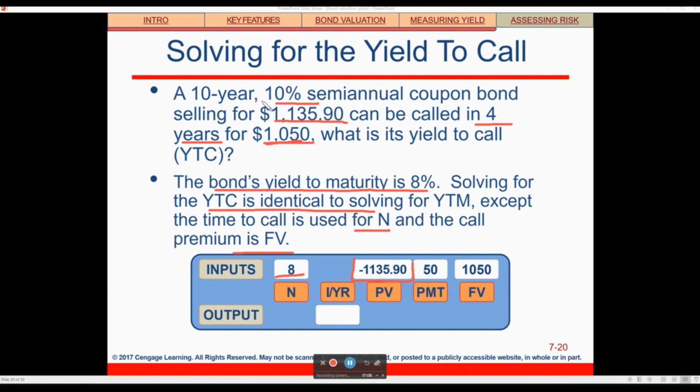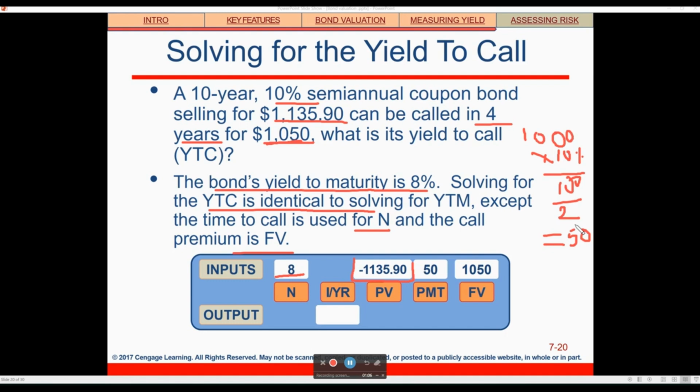And how do we compute the coupon payment of 50? We take the face value or par value, which is 1,000, times 10%. That gives you 100. And then, because it's semi-annual, we divide that by 2. That gives you 50.